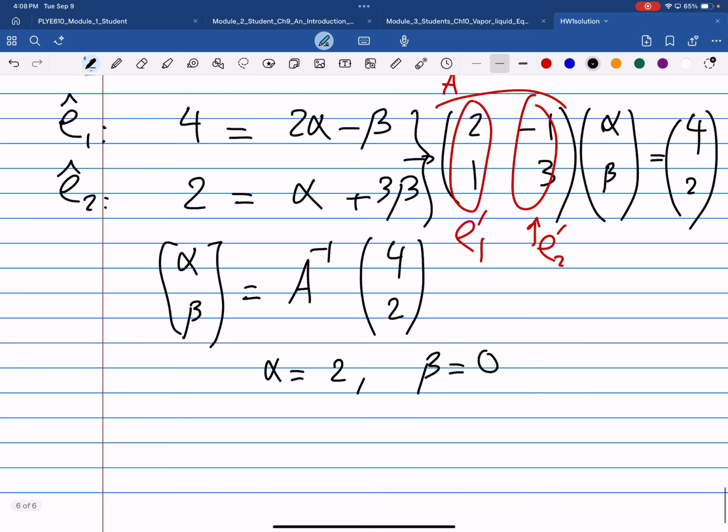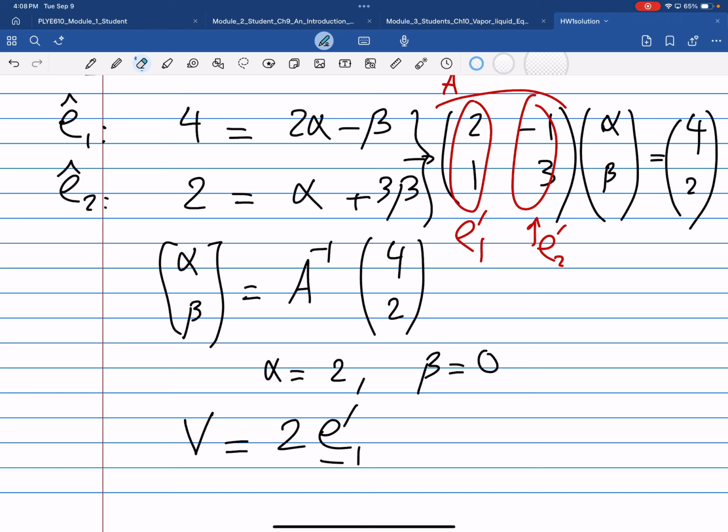Basically, your new vector v prime, or not, it's the same vector, sorry. V is going to be 2 E1 prime. That's the representation of the same v vector in the new coordinate system.